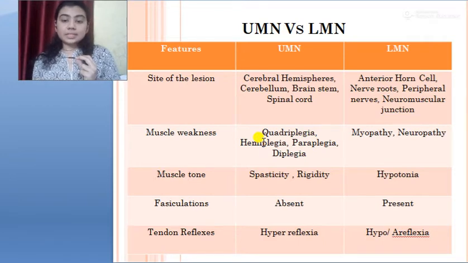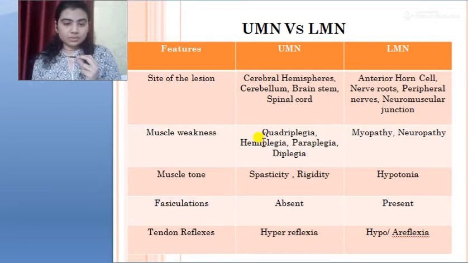Spasticity is a characteristic feature of stroke, while rigidity is a characteristic feature of basal ganglia involvement. So, rigidity is a hallmark of Parkinson's disease. While if we talk about LMN type of lesion, it is having hypotonia.